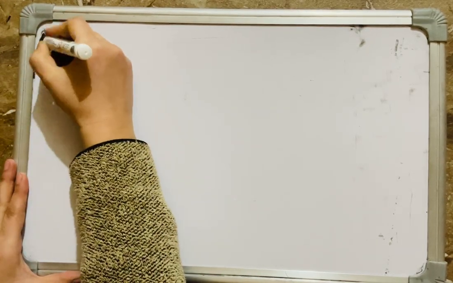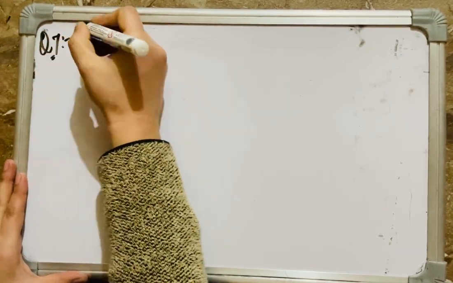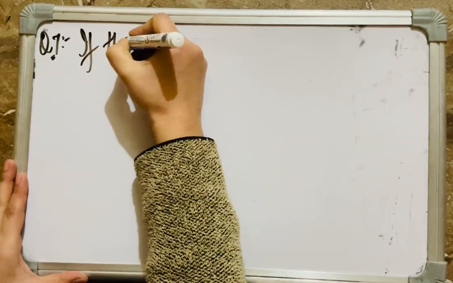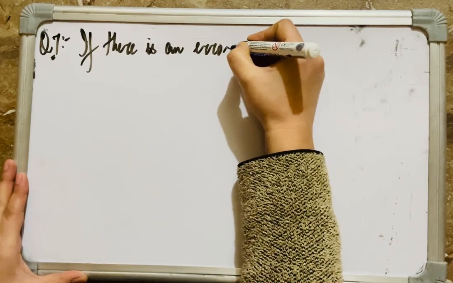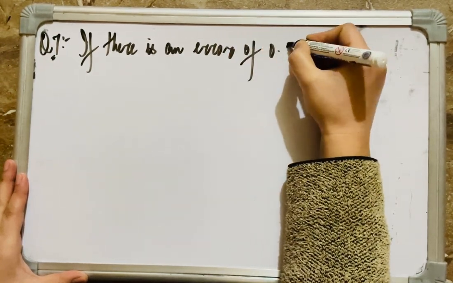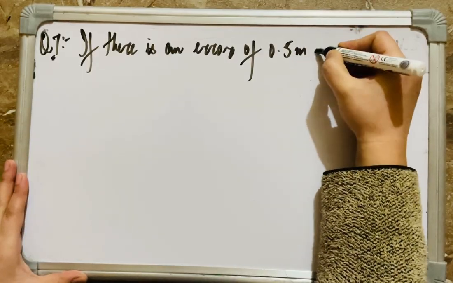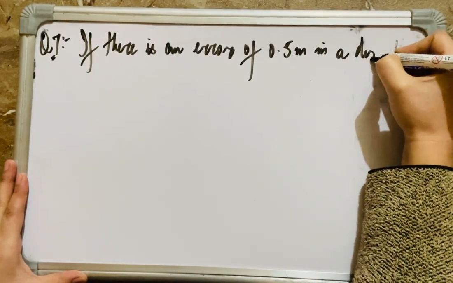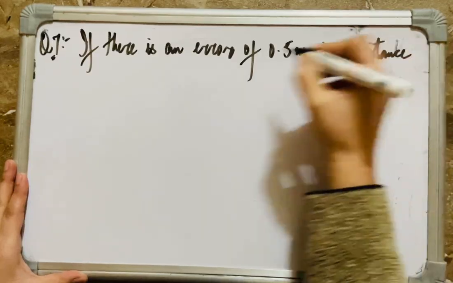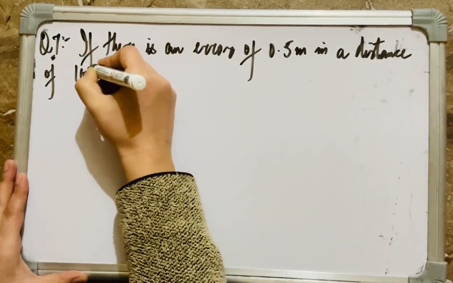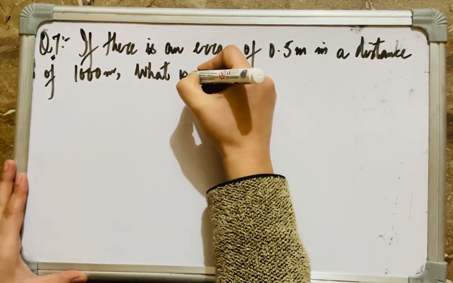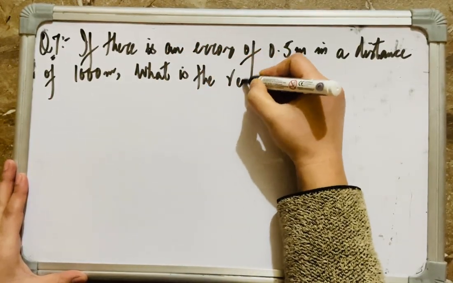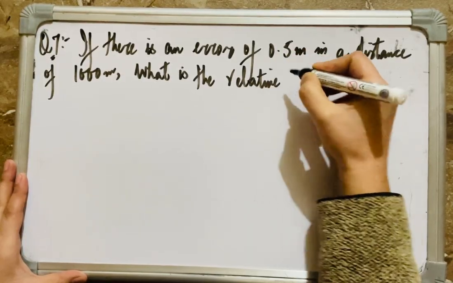This is question number 7. Question number 7 says, if there is an error of 0.5 meters in a distance of 1000 meters, what is the relative accuracy?